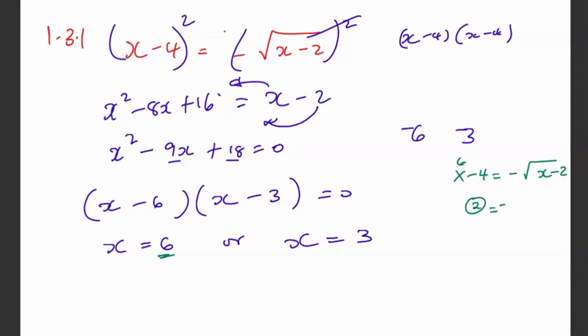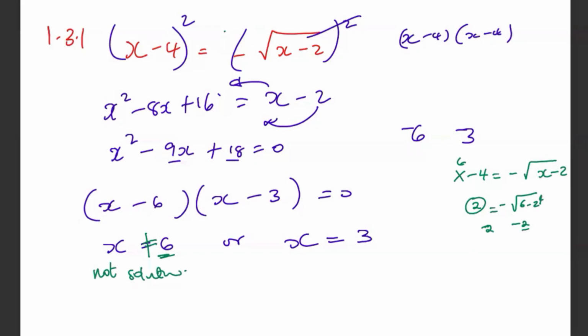On the right-hand side, I have negative square root of 6 minus 2, which is a 4. Square root of 4 is a 2. And then we have a negative 2, this is a positive 2. So this 6 is out. I'll just cross it out like that. Or you can say no solution or not a solution.